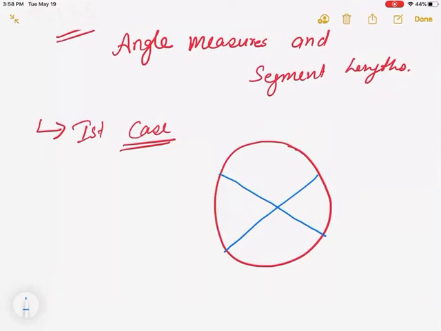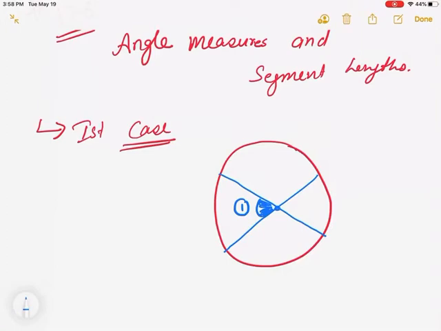So basically what I see is if these two lines intersect, exactly at the intersection point, I see a few angles. So pretend I'm looking for this angle. This is angle number 1, which is at the intersection, inside the circle. So now how would you solve for this intersected angle? Okay, basically what we need is just the intercepted arcs that correspond to it.